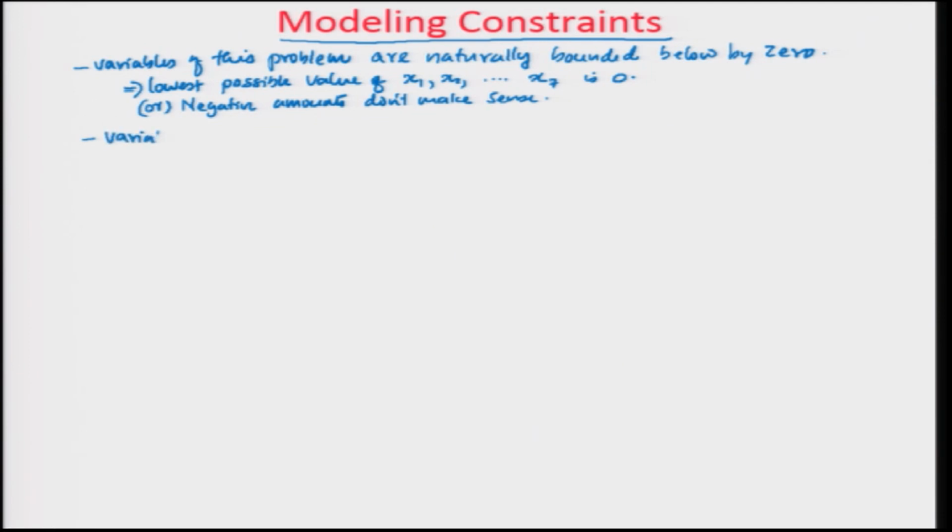Second aspect. The variables are bounded above by their availability.